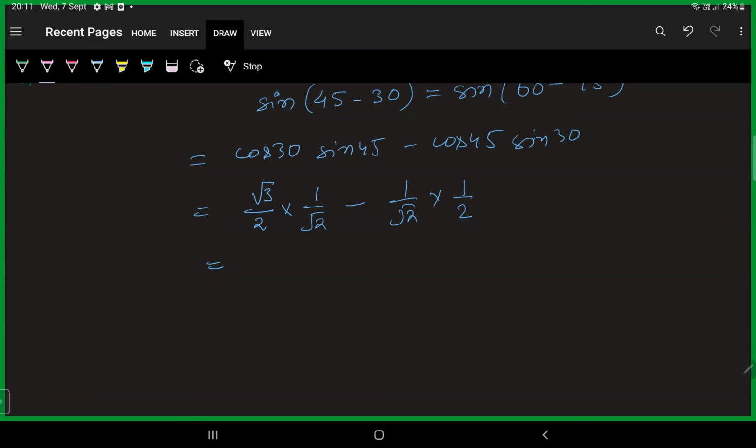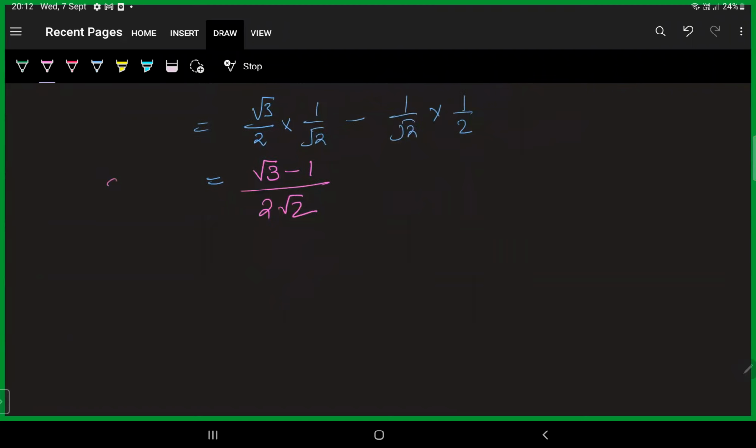So this will be root 3 minus 1 upon 2 root 2. Okay. So this is your sine 15 degree. Find out sine 75 degree.